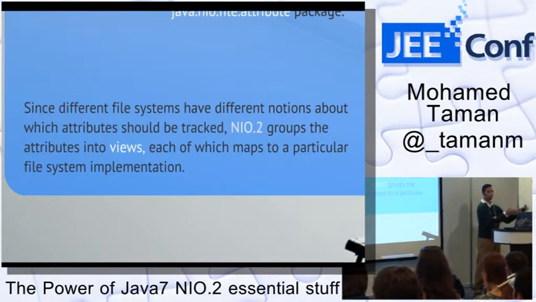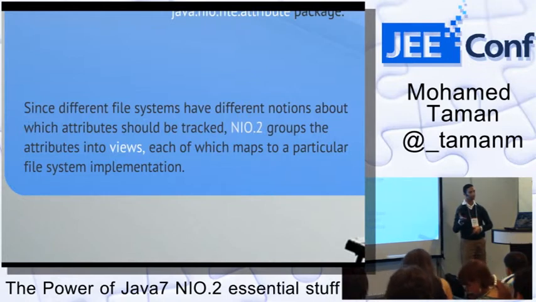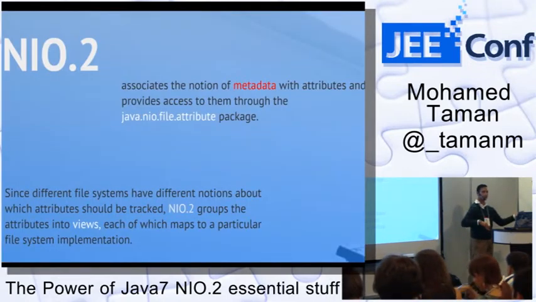Windows has another view like DOS views or some sort of ACL for security. But Unix and Linux have groups and users, different properties for each platform. This is maintained in terms of views. Each operating system has a different view, and each view contains an implementation of methods not included in other views. It depends on the platform.